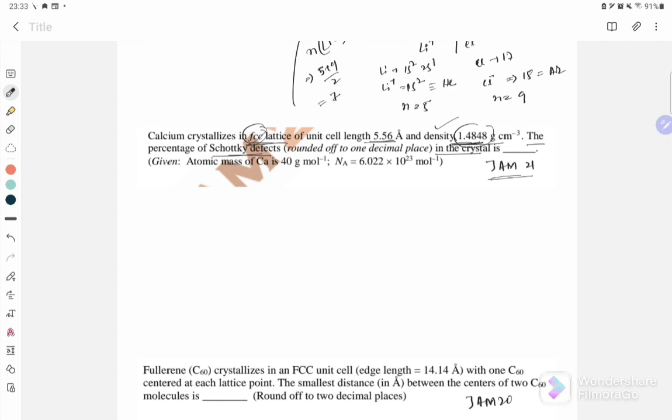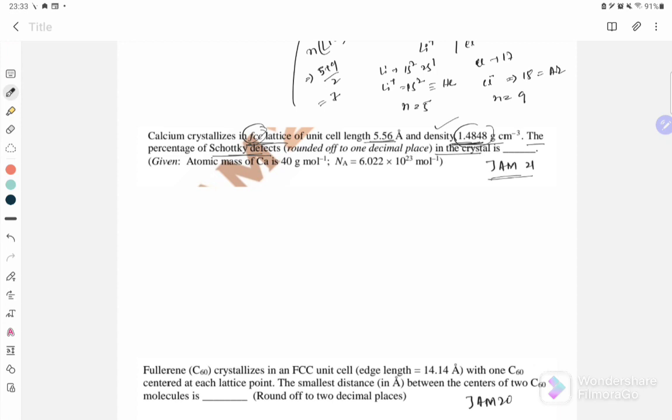But what is the Schottky defect? Schottky defect is a stoichiometric defect, meaning the same number of cations and anions vanish from the lattice or unit cell.